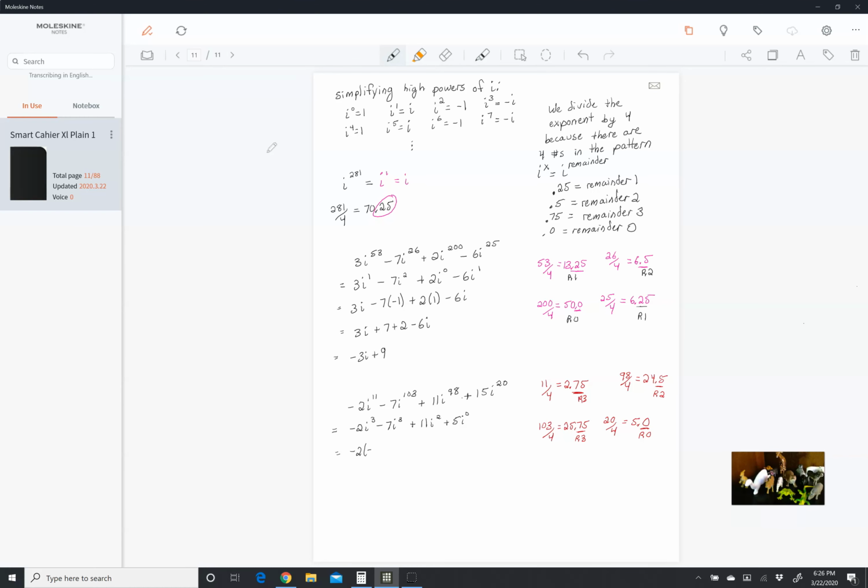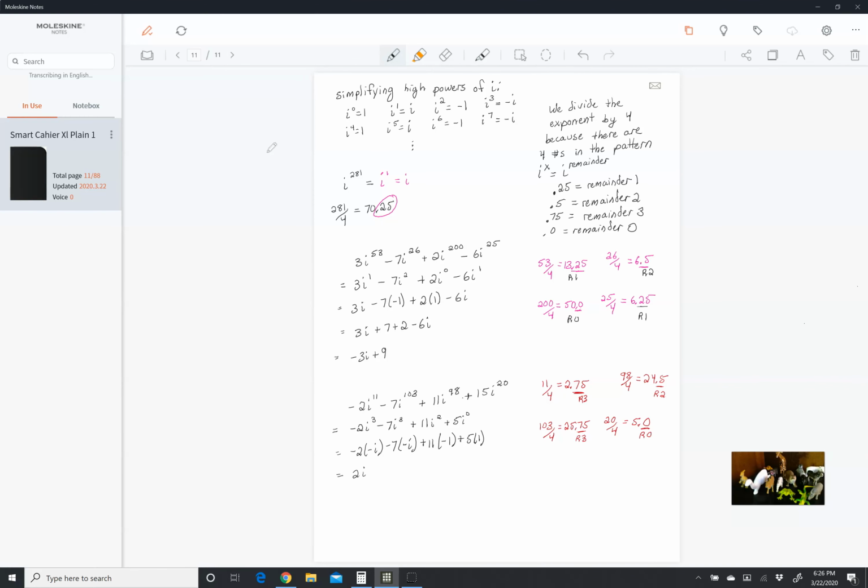i to the third is negative i. So we're just replacing those with negative i. i squared, we're replacing with negative 1. And i to the 0, we're replacing with 1. So negative 2 times negative i becomes positive 2i.